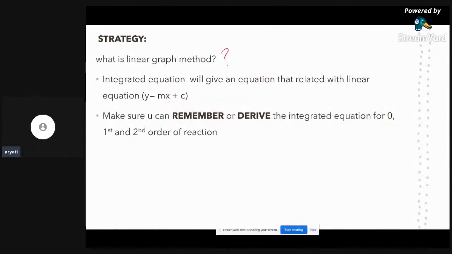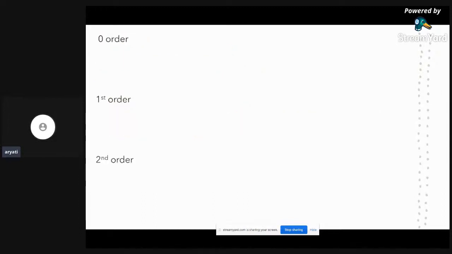So the integrated equation will give an equation that relates to the linear equation. Linear equation is y equal to mx plus c. So make sure you can remember and derive the integrated equation for first and second order of the reaction. So for the zero order, the integrated equation will be A naught minus A equal to KT.